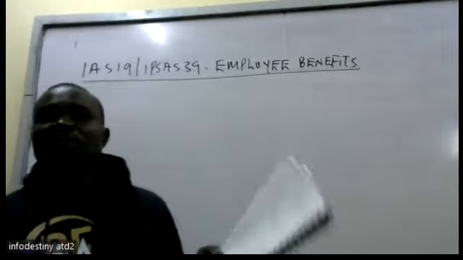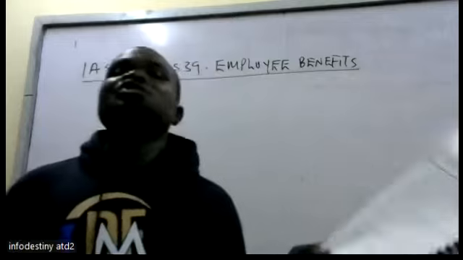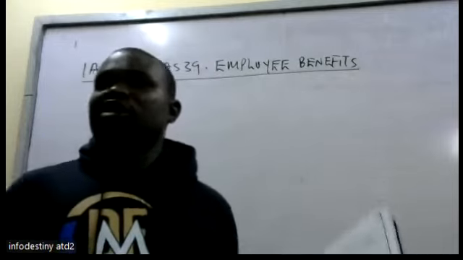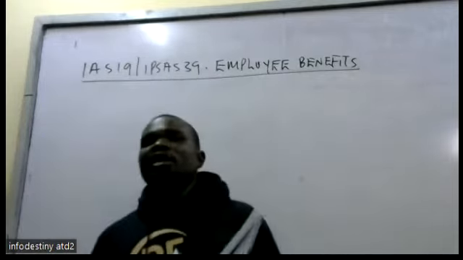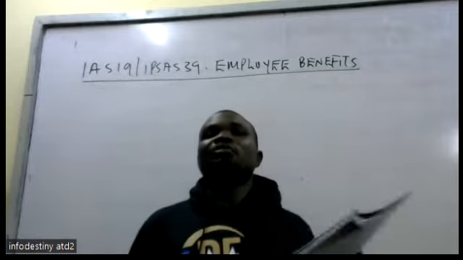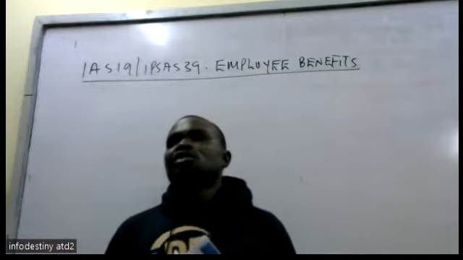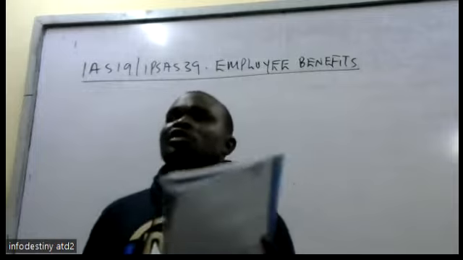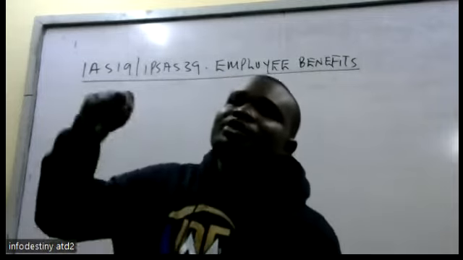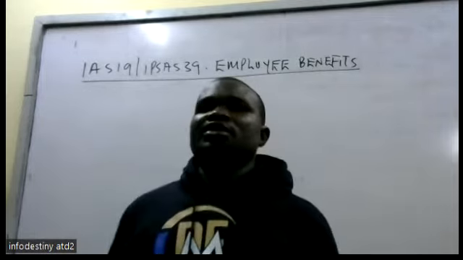Those who normally come up with those figures are called actuaries. Actuaries are the people who normally carry out the scheme valuation. So when we talk of actuarial assumption, are just the projected figures by the actuaries.